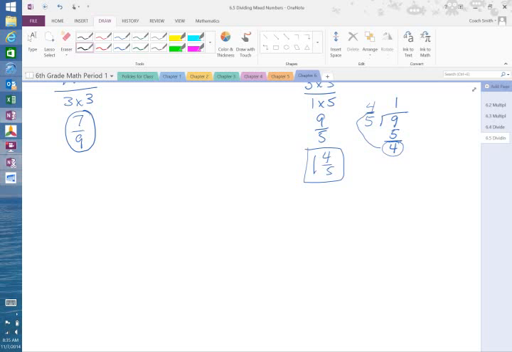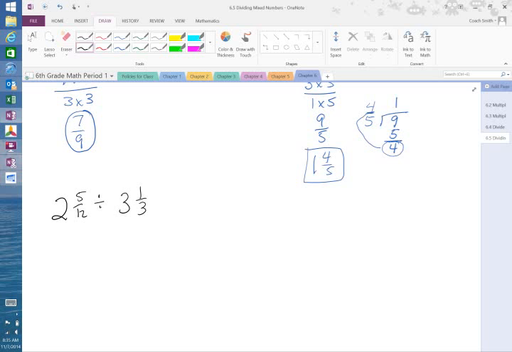All right, let's get one that has both mixed numbers, 2 and 5/12 divided by 3 and 1/3. Now, 3 and 1/3 is more than 2 and 5/12, so that means we're going to get a fraction that's less than 1, most likely.